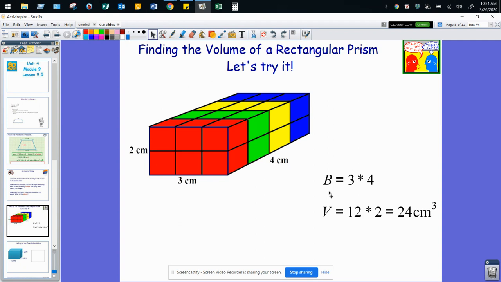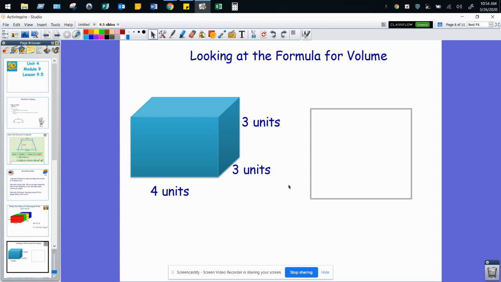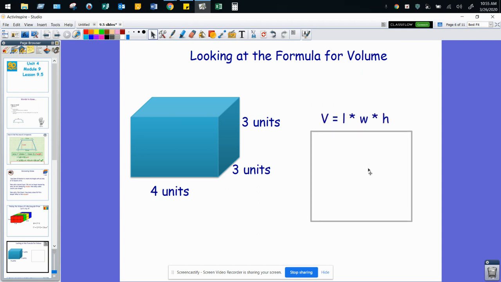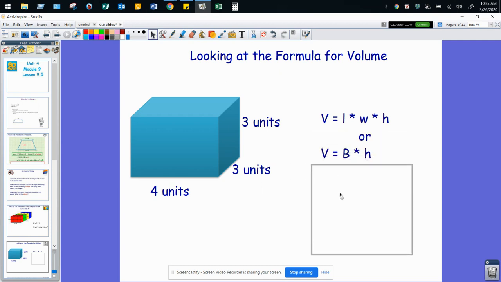You'll see this formula written a little bit differently. Let's take a look here. Again, I've got another rectangular prism, and I'm thinking, yes, I can do length times width times height. I can also think of this as big B, the area of the base, times the height. And this is probably the easiest way to do this because this formula, big B times height, takes care of the volume of any 3D shape that is a prism.